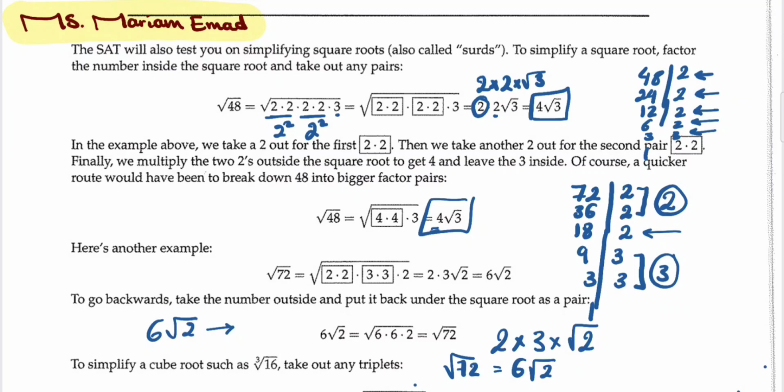I think 6 is repeated 2 times inside the square root, which means I take only one 6. So I can put 6 in the form of square root of 6 multiply 6, and root 2. And 6 multiply 6 is 36, and 36 multiply 2 equals 72, so it's root 72.